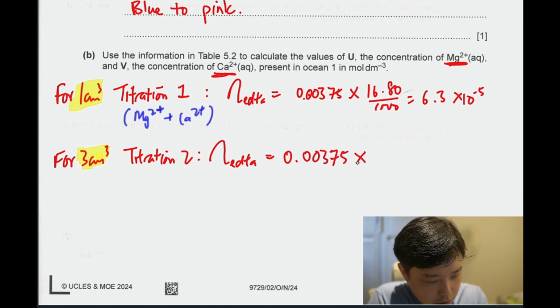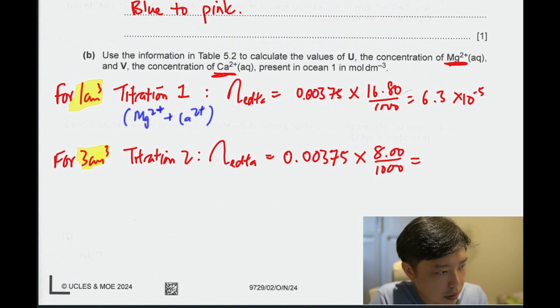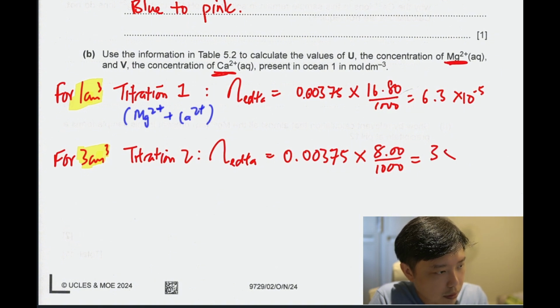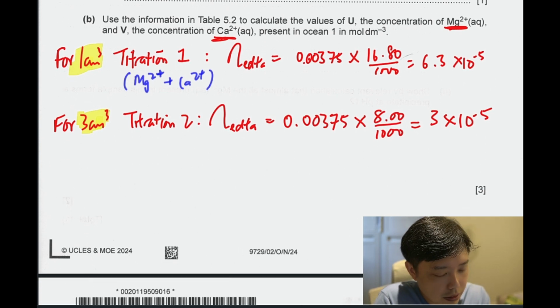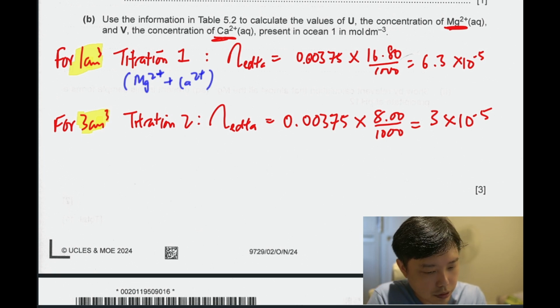0.00375 because you use the same EDTA, times 8.00 over 1000 equals, what is the value here? 3 times 10 to the power minus 5. So this is for 3 cm cube of calcium, only calcium.